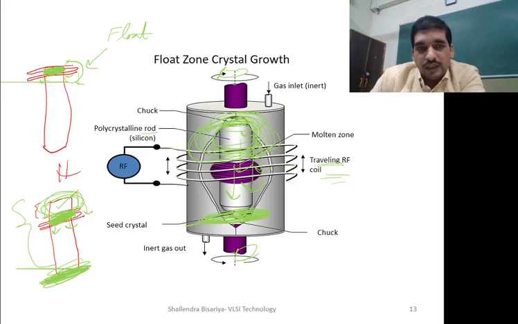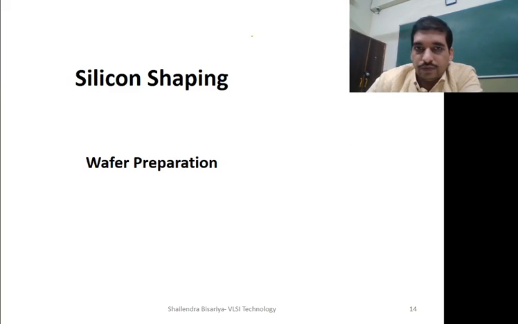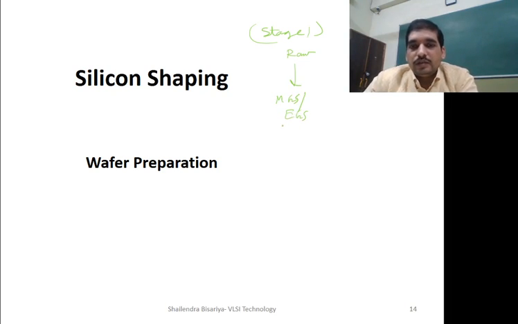So now we have seen that in the first stage we obtained MGS or EGS, that means polycrystalline silicon.